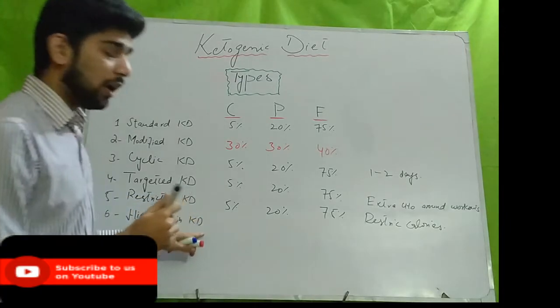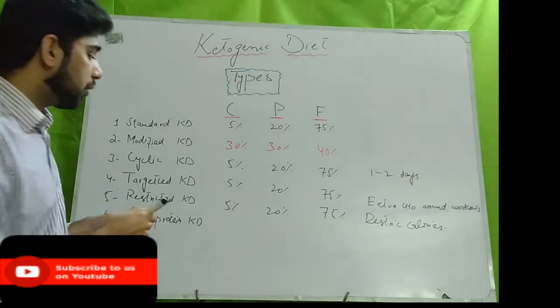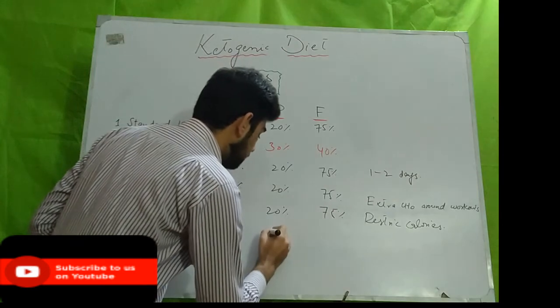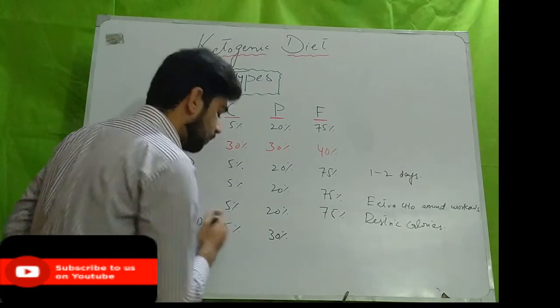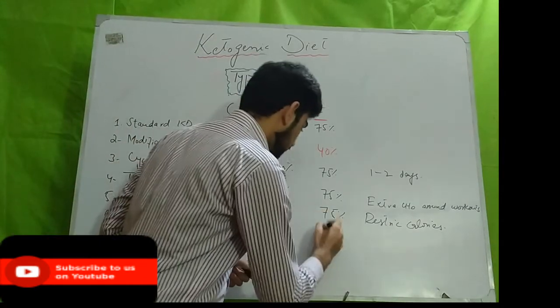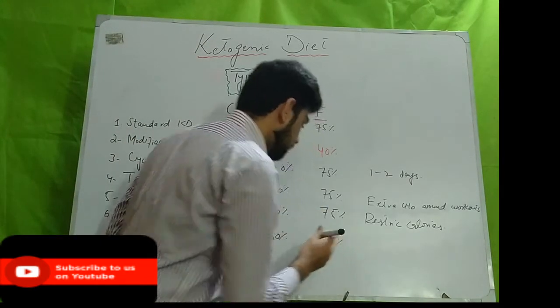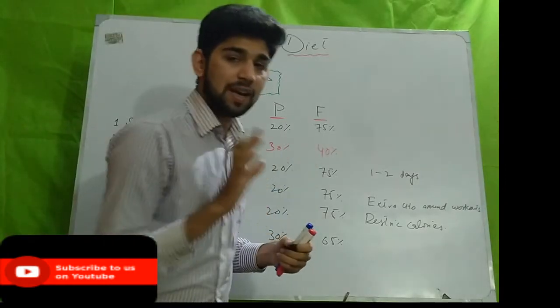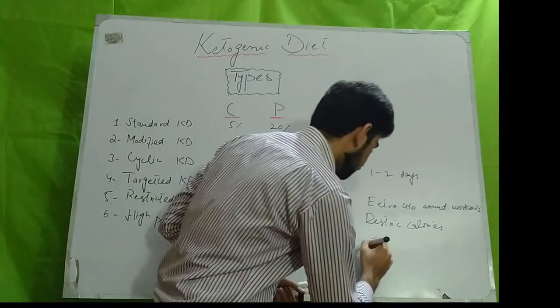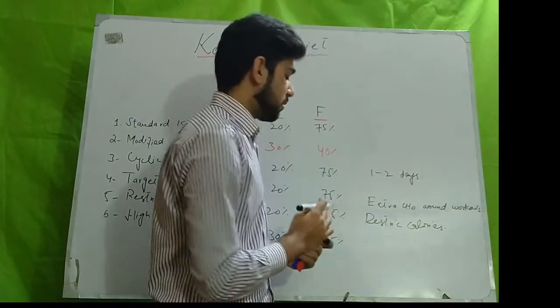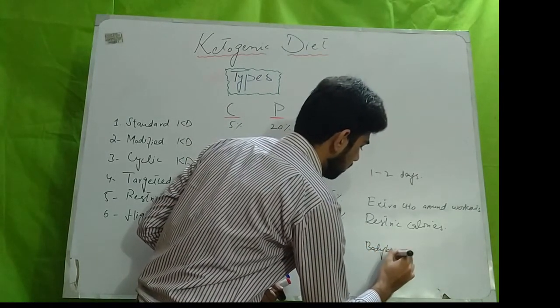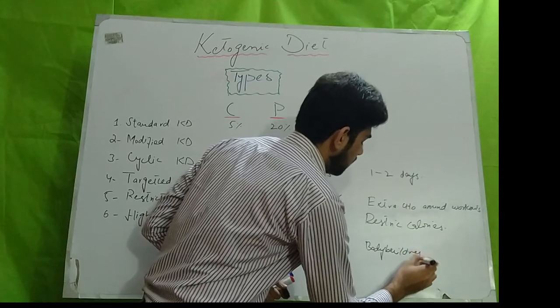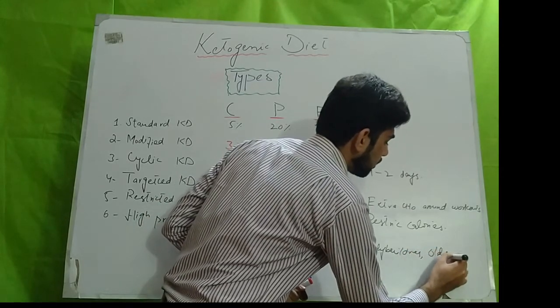In this type of diet, we increase the percentage of protein from 20% to 30%. The carbohydrate percentage is the same, and fat is decreased from 75% to 65%. This diet is specially designed for those who want to preserve their muscle mass, like bodybuilders and the older population.